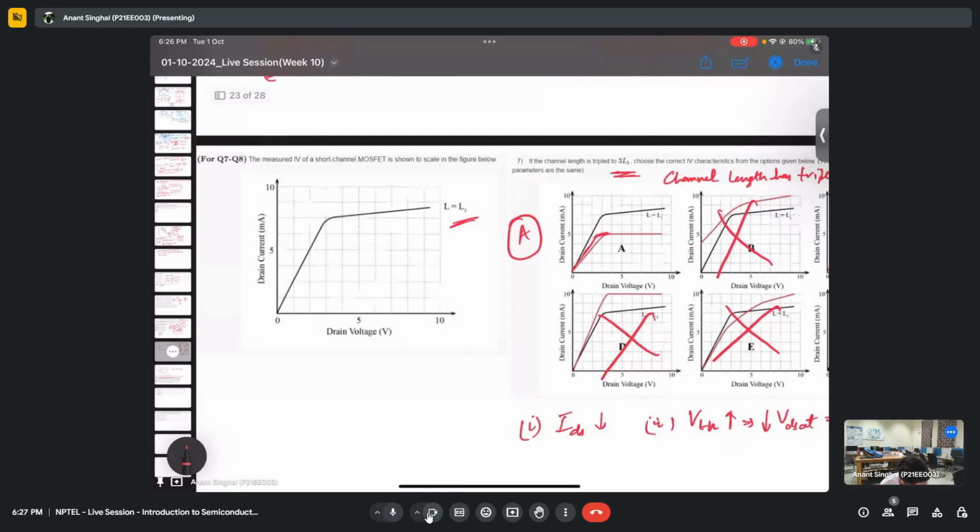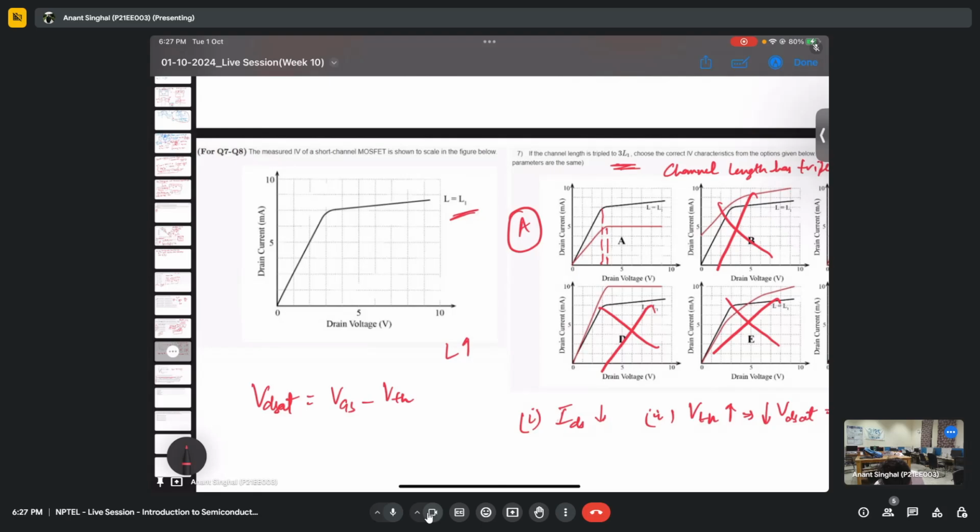So let's think more that VD sat is VGS minus VTH. Once we have a large length, we require more gate voltage, or we have more effect on VT. Anyone coming up with some discussion?